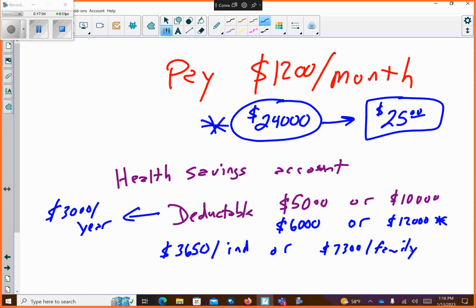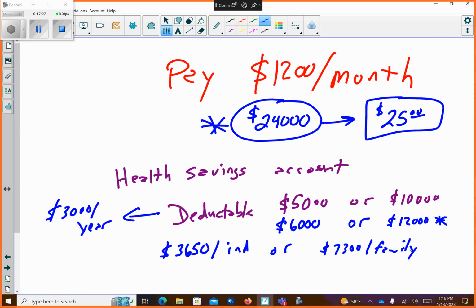Here is the kicker. Okay? Some people might look at $7,300 saying, I can't save $7,300 a year. You really can't, for the most part, unless you are in the worst part of life, which does happen. But for the most part, most people could set up something to save this money.